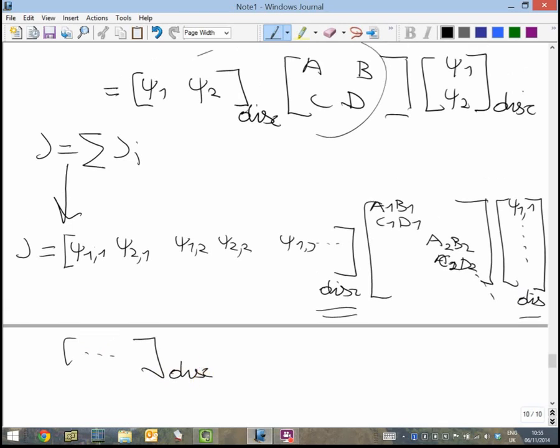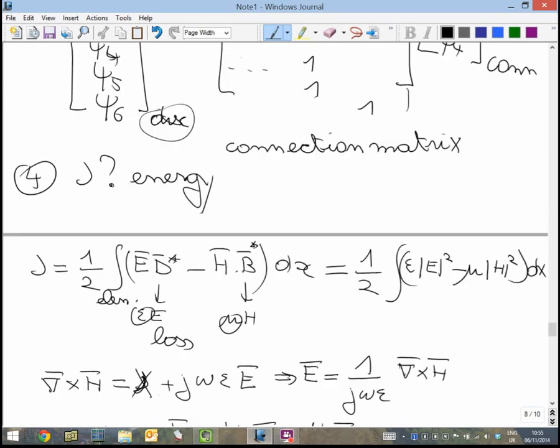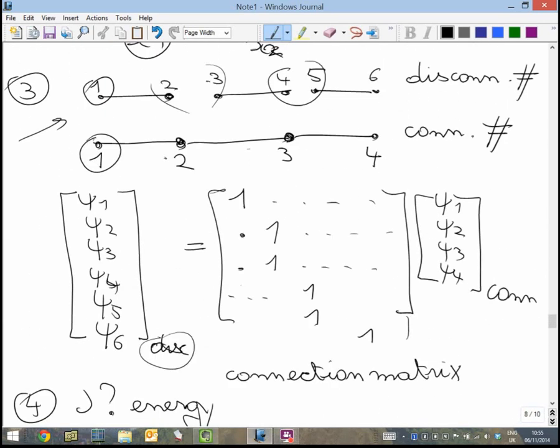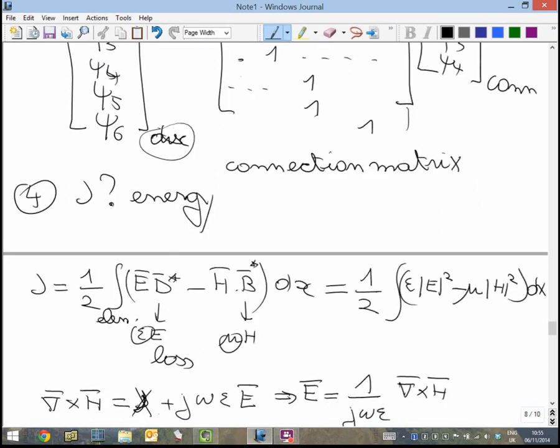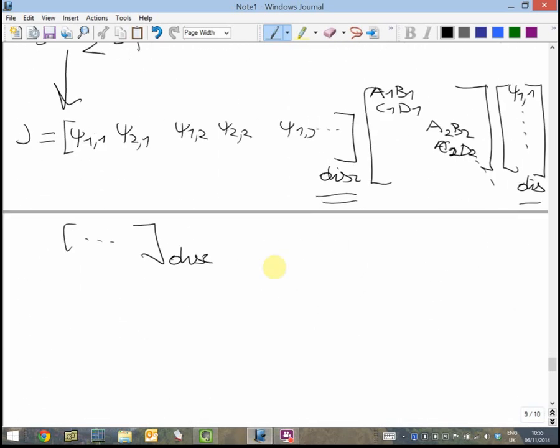Luckily, we know the relationship between the disconnected numbering scheme and the connected numbering scheme. We've just derived that up here. So it's in essence a connection matrix. So you can understand that by throwing the connection matrix into the mix, and again, I'm not going to write it down in detail, I'm just trying to sketch broadly how the scheme proceeds here.